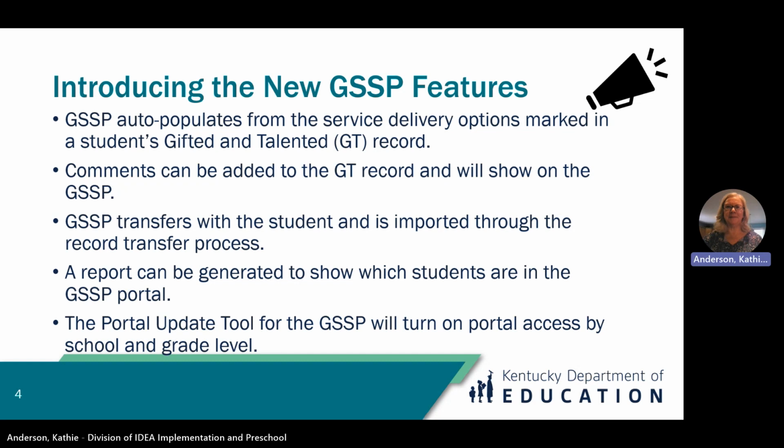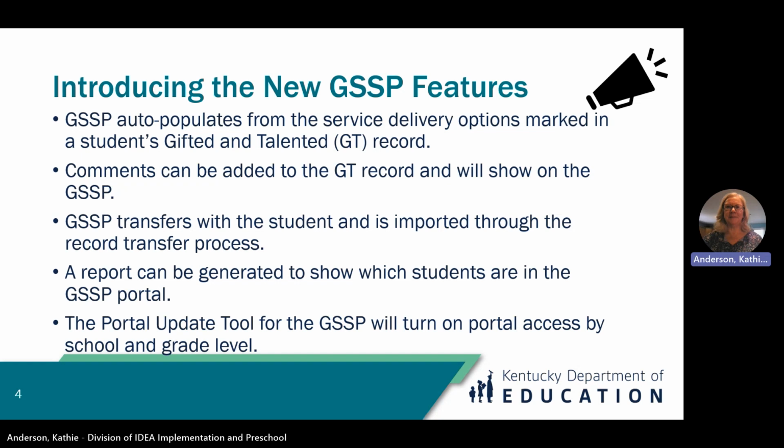Here are some new features about the new GSSP. The GSSP will auto-populate from the service delivery options marked in a student's gifted and talented record. Comments can be added to the GT record and will show on the GSSP. This new GSSP will transfer automatically with the student and is imported through the records transfer process.